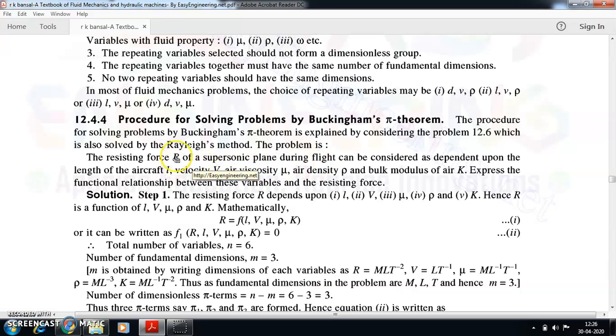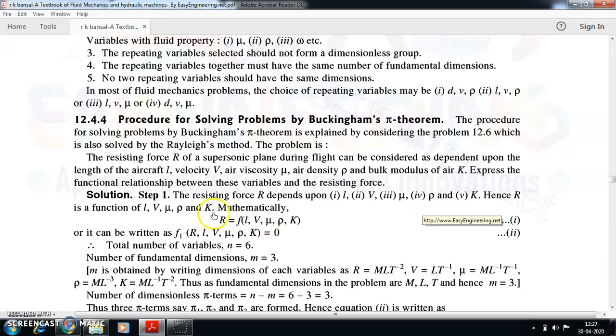This variable R, which is a dependent variable, depends on length of the aircraft L, velocity v, air viscosity mu, air density rho, and bulk modulus of the air, capital K. If you count the variables: R, L, v, mu, rho, and K. So there are 6 variables, out of which 5 are independent variables, L, v, mu, rho, and K, and capital R is a dependent variable. So R depends on L, v, mu, rho, and K.